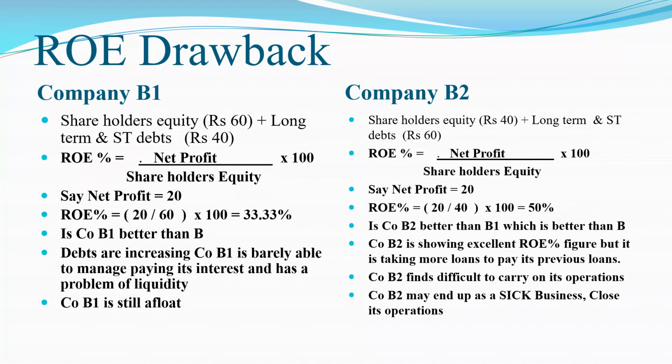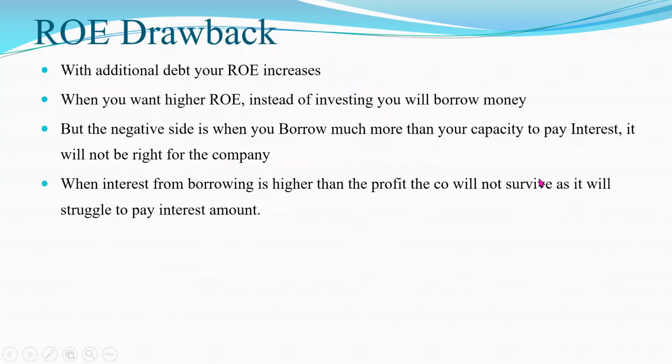The company B2 may close the operations. Please understand this. If you are having a lot of debt on your balance sheet, then definitely your ROE will show good, but ROCE will show that it is not doing well. Company will fail to pay the money. It will struggle to pay the interest on the loans.